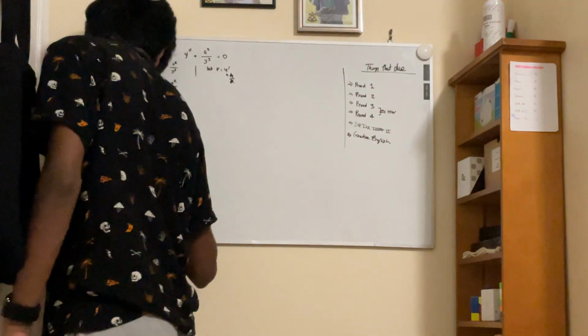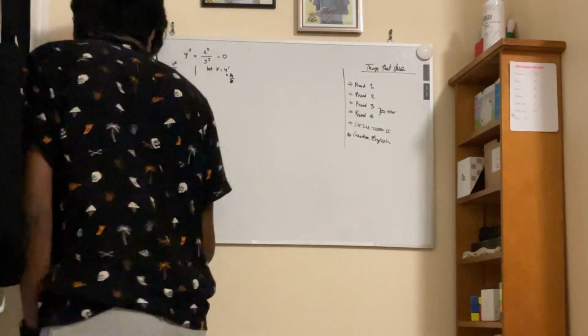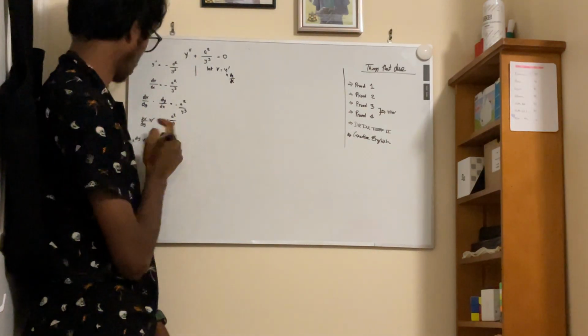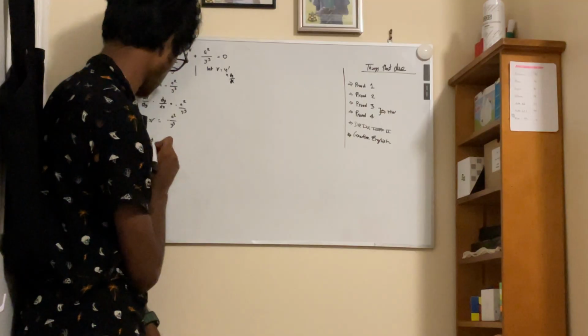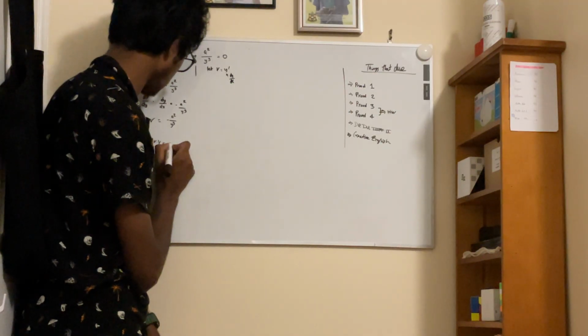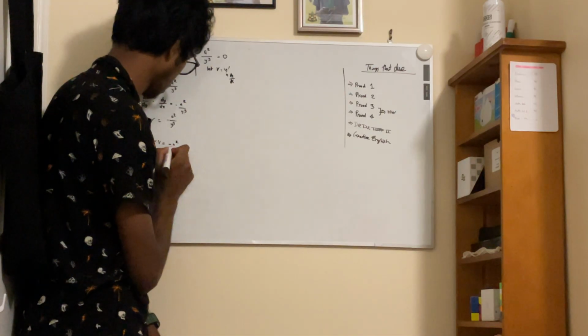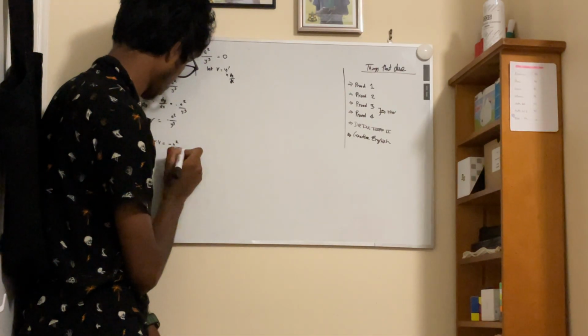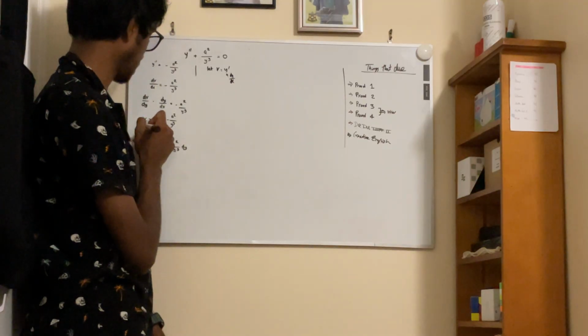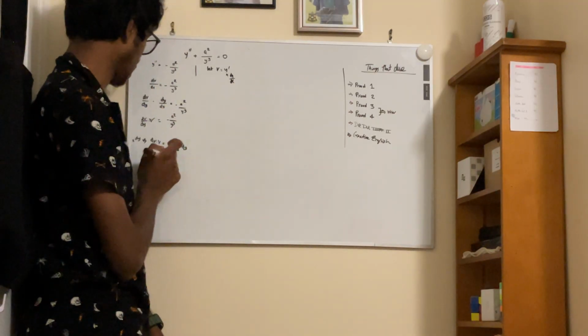Multiplying by dy on both sides, we get v dv, because when you multiply, dy cancels out. Nice.